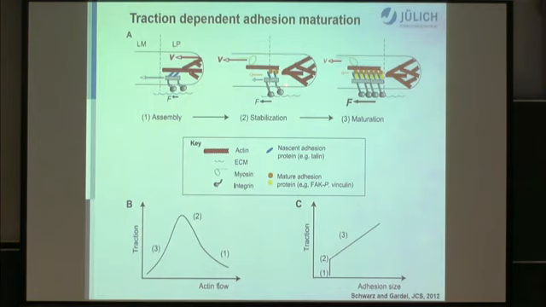You see it here schematically. It induces a stabilization, and traction increases simply by binding to actin bundles or to the actin cytoskeleton in general. And as soon as myosin motors are incorporated into those actin bundles, the forces transferred to the actin are sufficient to induce maturation.